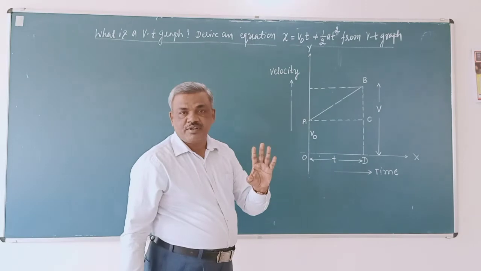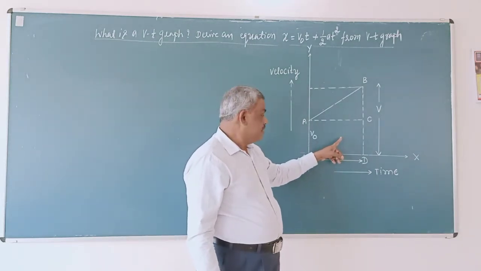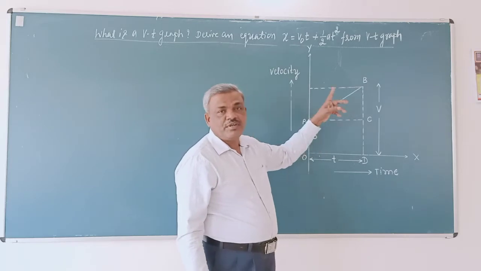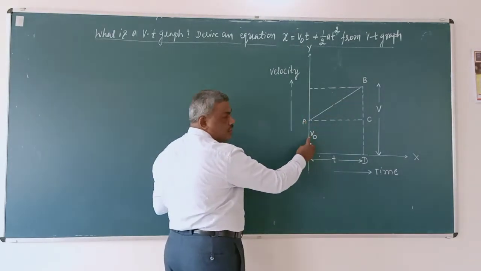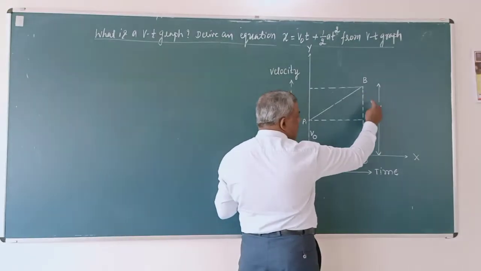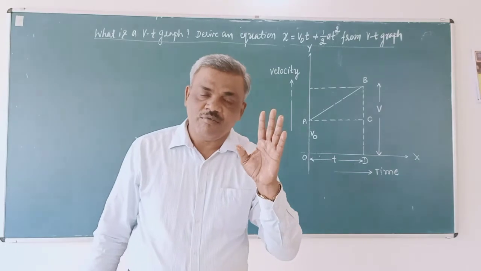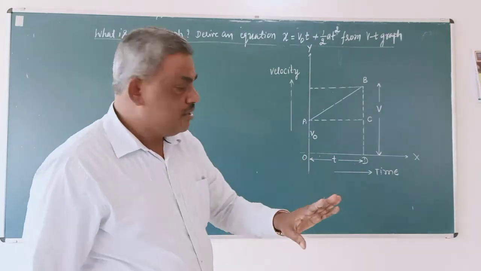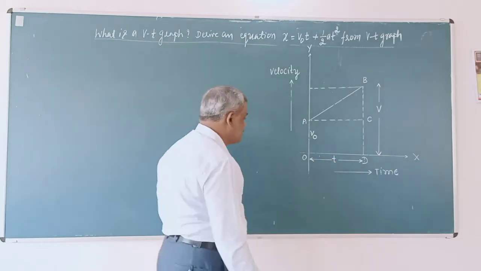So area of the trapezium equals area of the rectangle plus area of the triangle. Here OA is the initial velocity and DB is V, the final velocity.